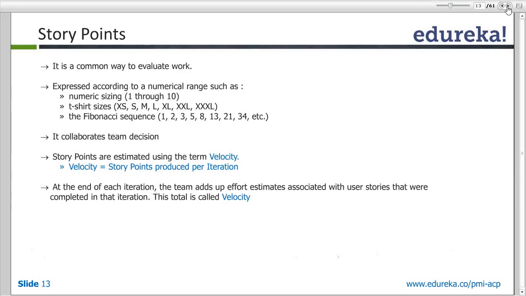Absolutely. It brings all the points on the plate which might have been missed if we had thought in silos. Right. Any other benefit do you see?